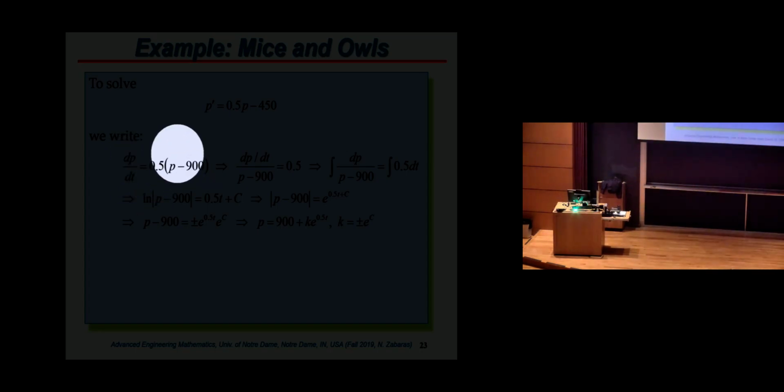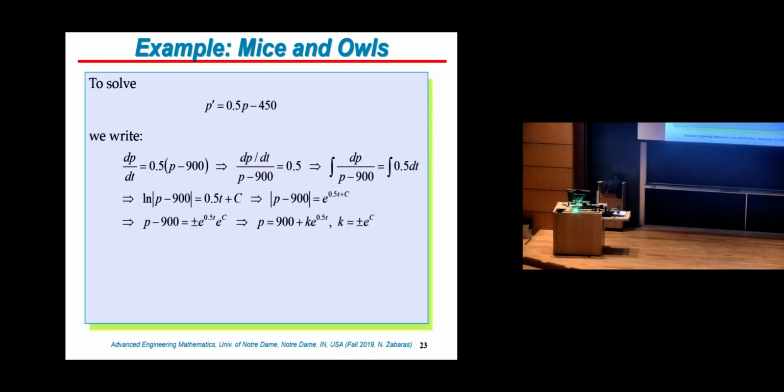So everything is legal here, all right? So I can take dp over dt equal to that, and I can write dp over this equal to 0.5 dt. You see that? And then on the left-hand side, it's only a function of p. On the right-hand side is only a function of t, so I can integrate. So an equation that I can do this with is called what? There is a name to it.